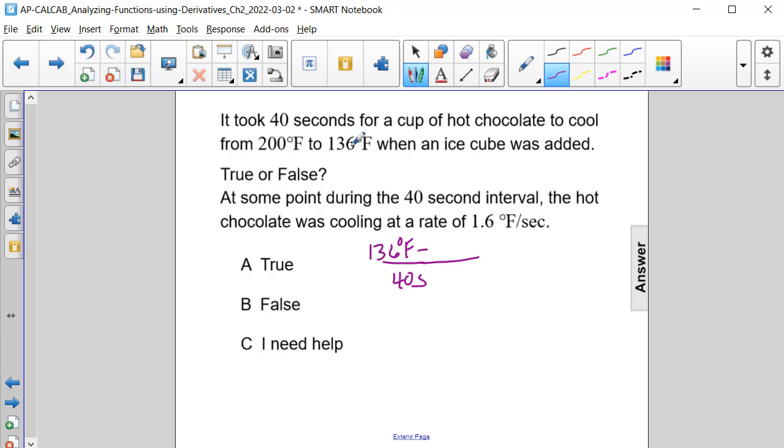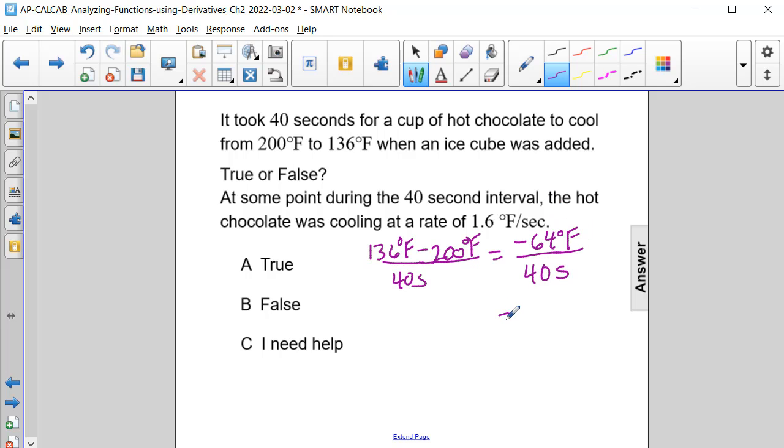So we have to subtract the second temperature value from the first. And if we do that, we're going to have still 40 seconds in the denominator, but then on top we're going to have negative 64 degrees Fahrenheit.